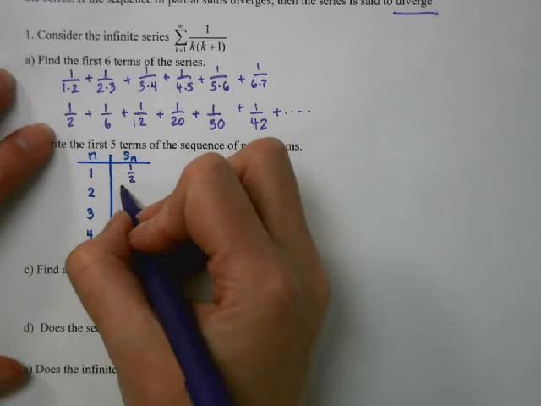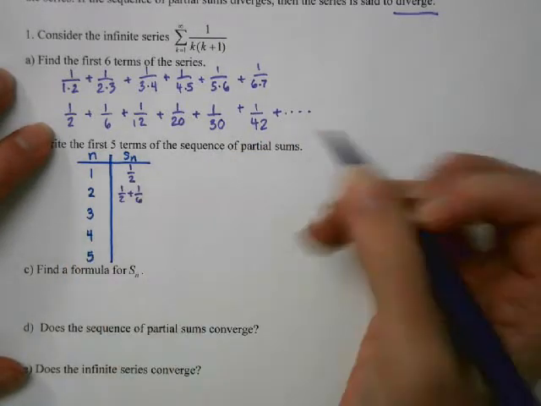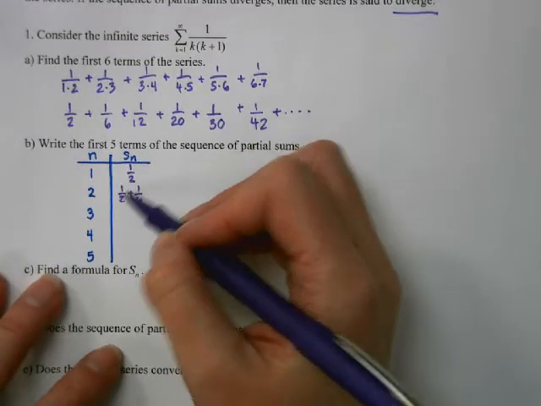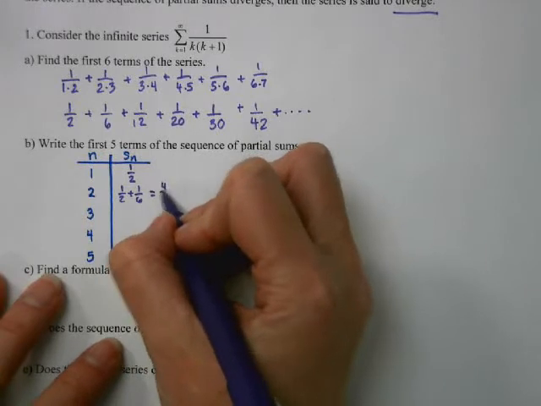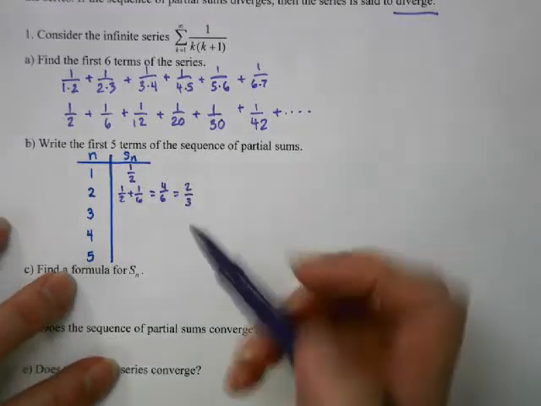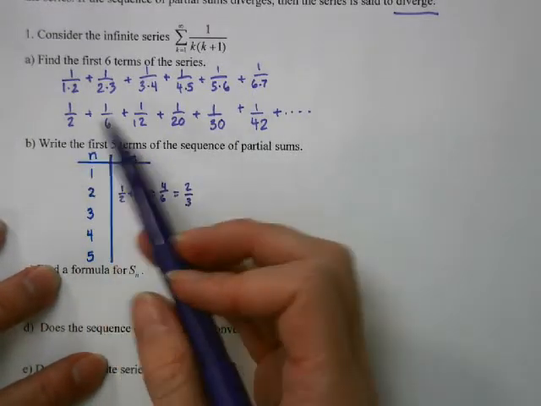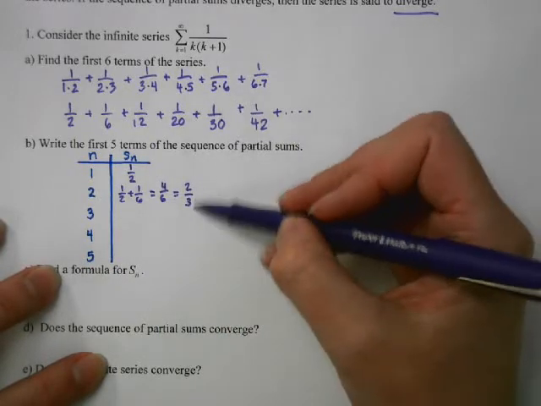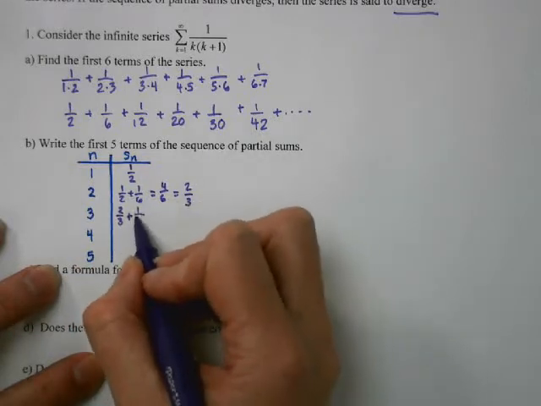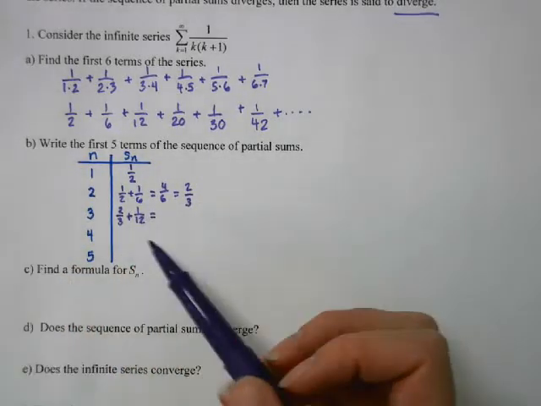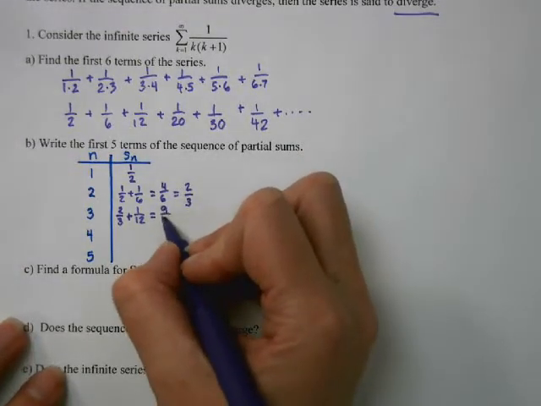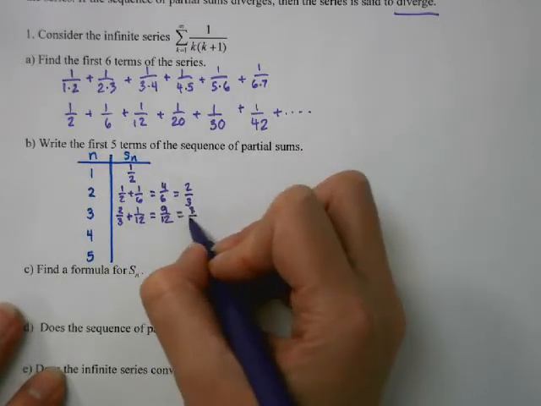The sum of the first 2 terms is going to be 1/2 plus 1/6, so that would be 3/6 plus 1/6 is 4/6, or 2/3. Okay, the sum of the first 3 would be 1/2 plus 1/6 plus 1/12, but we already know what the first 2 add up to be. So I'm going to have 2/3, and I'm going to add 1/12 to that. So this will be 8/12 plus 1/12 is 9/12, which is 3 over 4.